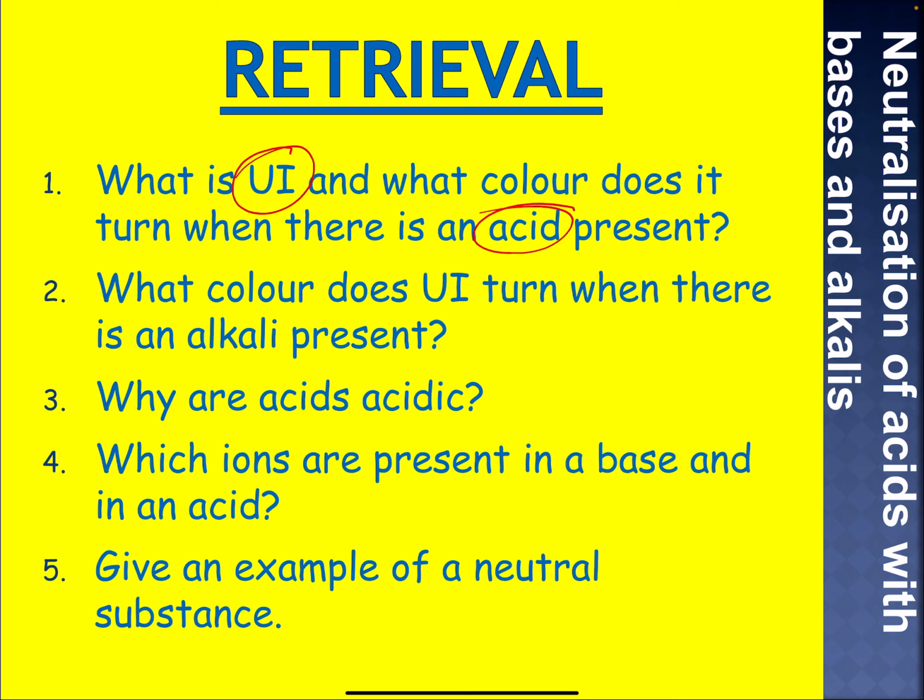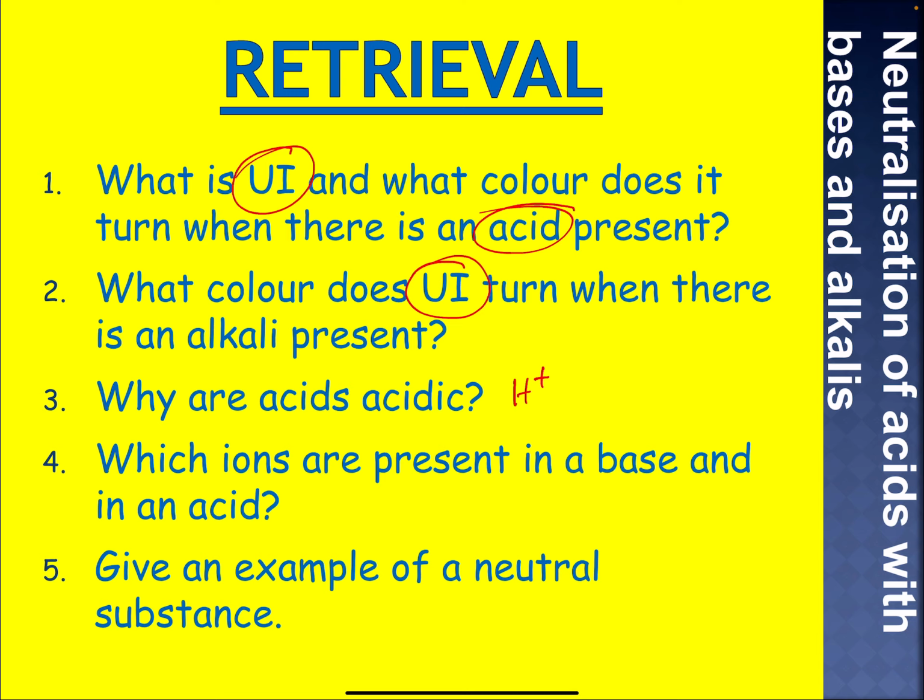Number 2, what colour does universal indicator turn when there is an alkali present? So here, pH 14 will be blue, purple, that kind of colour. pH 12, 13, 14. Why are acids acidic? Acids are acidic because they contain the H plus ion.